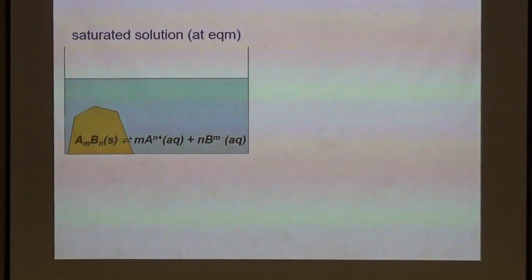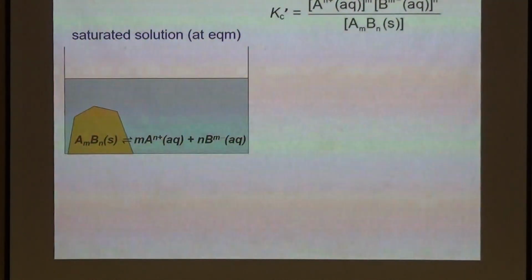So, if you have a salt, A_m B_n, when it dissolves, it will give you mA^(n+) and nB^(m-). Okay? You can write the equilibrium constant. Okay, so it's [A]^m [B]^n over [A_m B_n] solid.